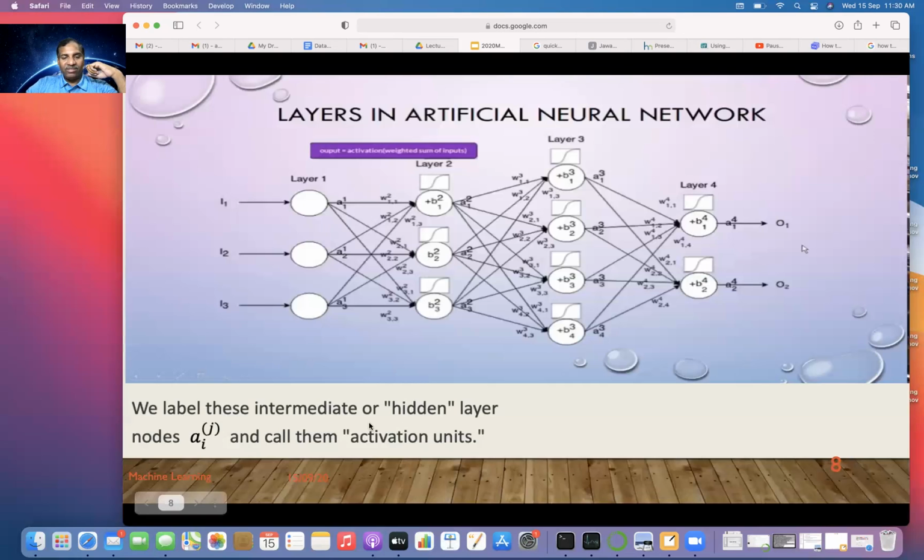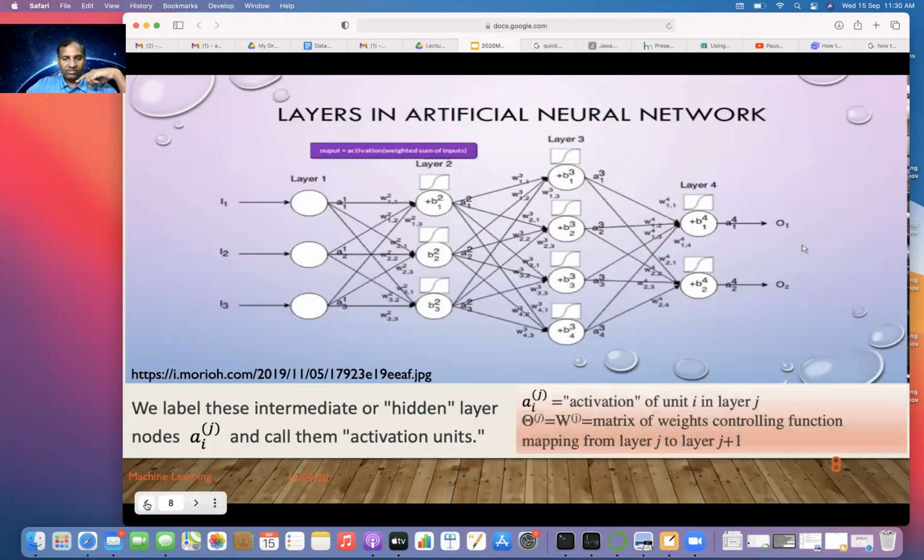We label these intermediate or hidden layer nodes as a_i^j and call them activation units. So we call these things a_i^j. We'll see how to understand the superscripts and subscripts. a_i^j is the activation of unit i in layer j.